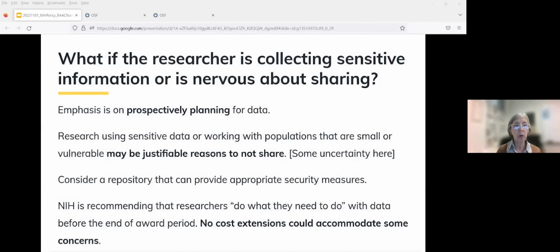Okay, so what if the researcher is collecting sensitive information or is nervous about sharing? Well, the key here is really to think carefully about what the data you're gathering is, what makes it sensitive, whether there are hard and fast rules about it, or whether there are appropriate ways to share it.